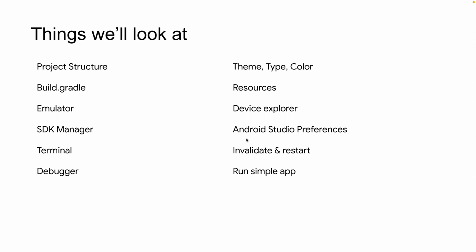If everything else fails and this guy doesn't save you, then you are in big trouble. That was meant to be a joke. But this guy is super, super important, invalidate and restart. And then we'll run a very simple sample app and just see what we can do.